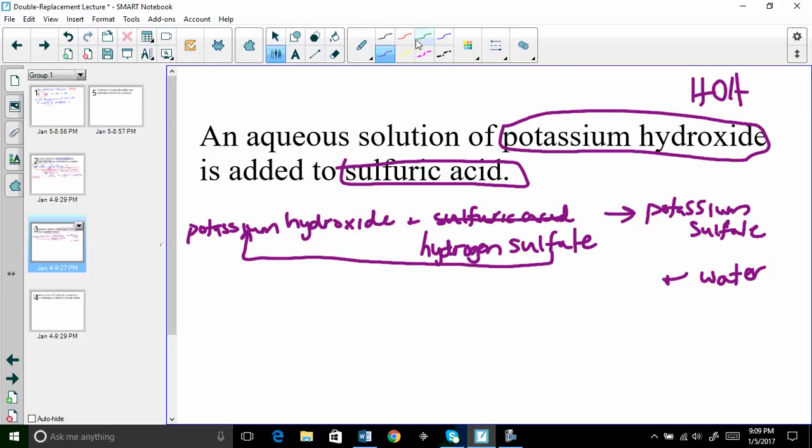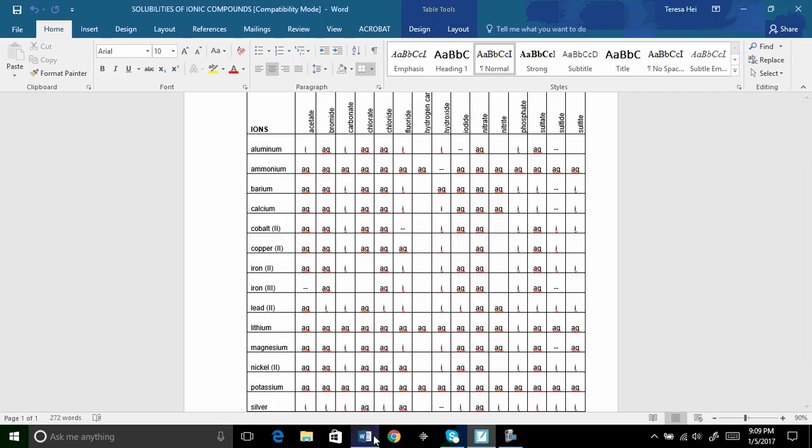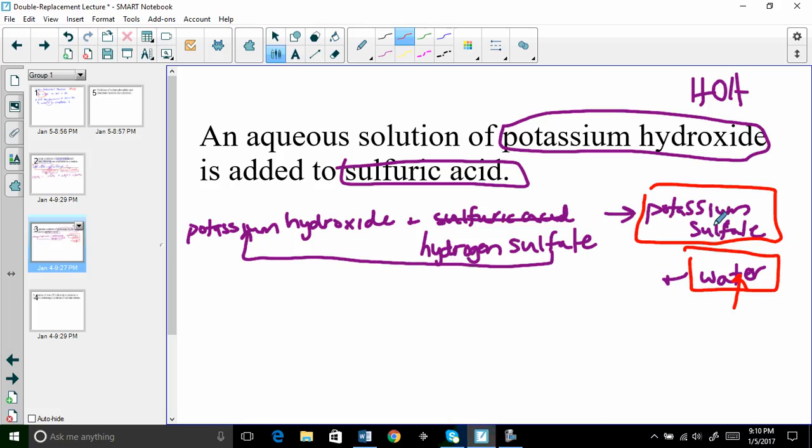Now, I'm going to get this other thing. A double replacement reaction goes if one of the boxes is a precipitate or one of the boxes is water. I'm not even going to bother checking this as I don't have to, because if one of the boxes is water, it goes. So now I'm going to write the reaction.